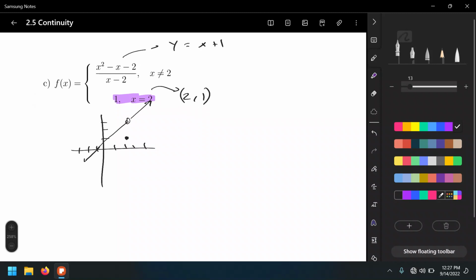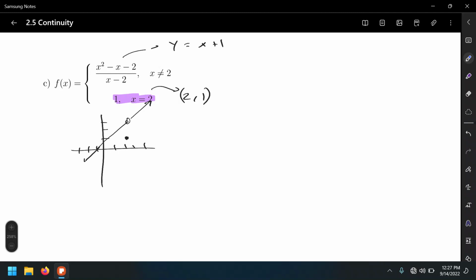Okay, let's observe the graph and let's find the limit. The limit as x approaches 2 of f of x. What's the limit? 3, right? Now, actually, what is f of 2? 1.